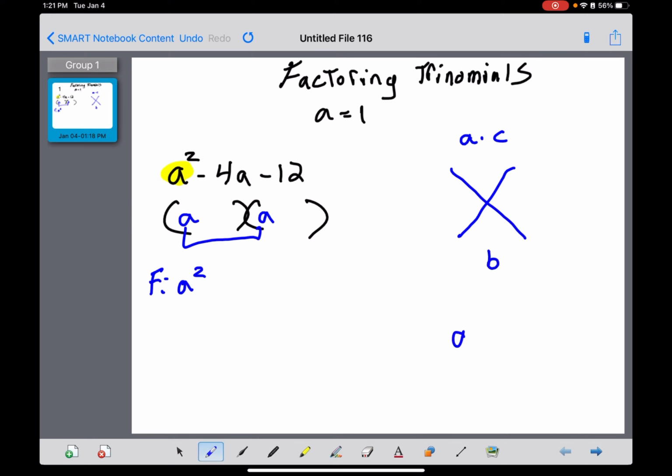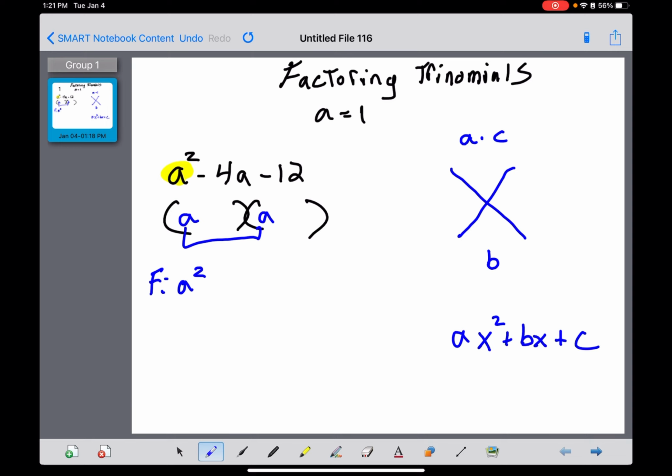Remember that our a value, b value, and c value come from our equation when it's in standard form. So the a value is out in front of the base that's being squared. The b value is out in front of the base of the b, x or whatever. And then the c value is your constant.